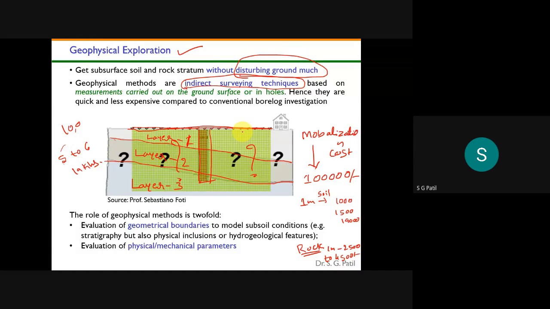If you give maybe 5,000 to 6,000 rupees, they can come to your site and perform the test. Of course, the test cost will also vary depending on the company, but compared to drilling a borehole, the geophysical tests are very cheap.